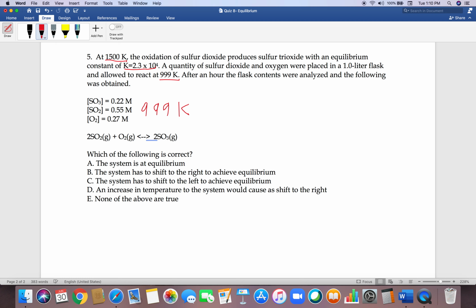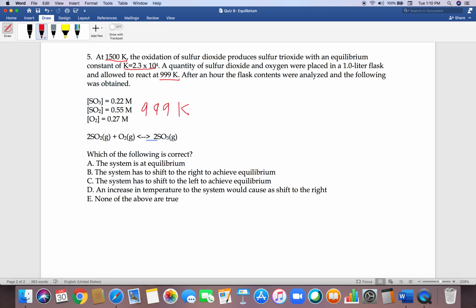If it is not at the same temperature at which the equilibrium constant was obtained, we cannot use these numbers. That's why we always have to pay attention to our temperature values to make sure that they are in line with the K value.